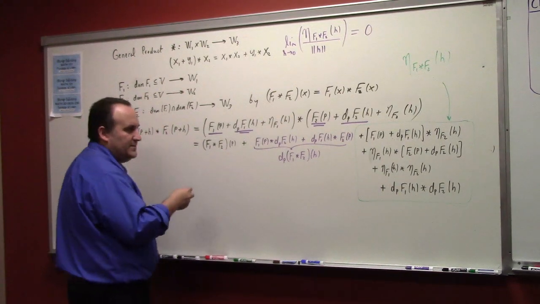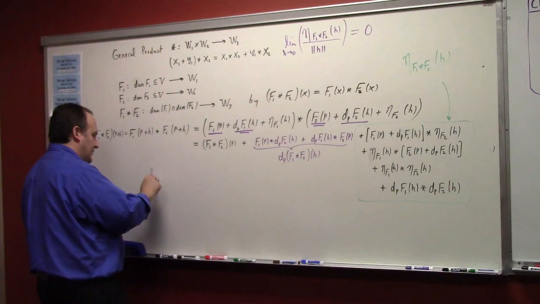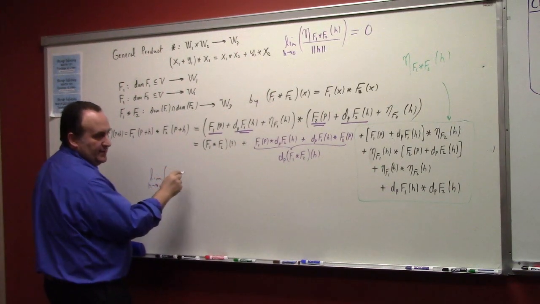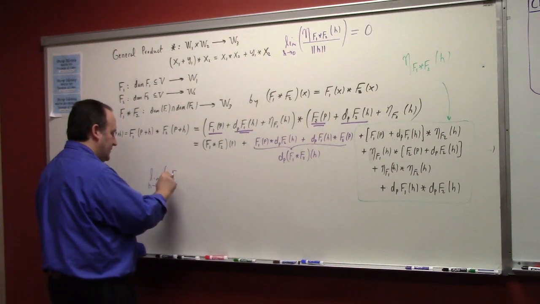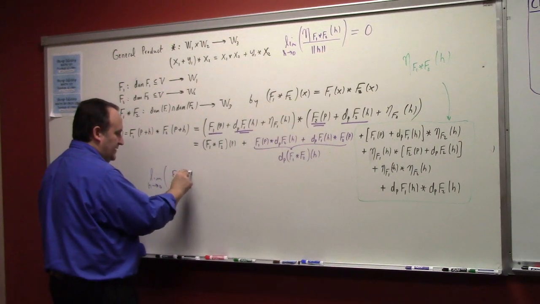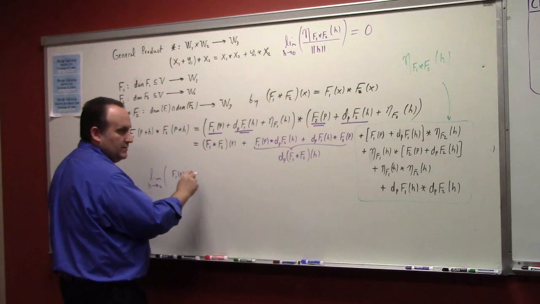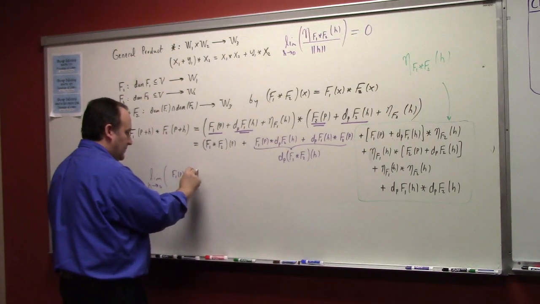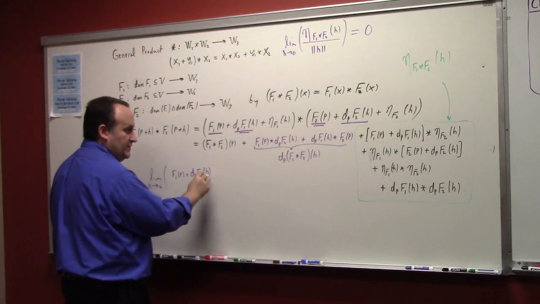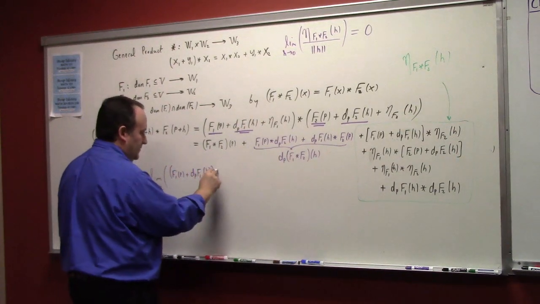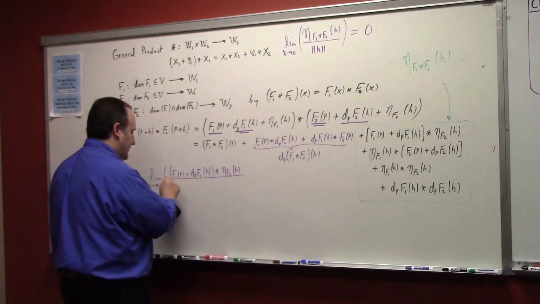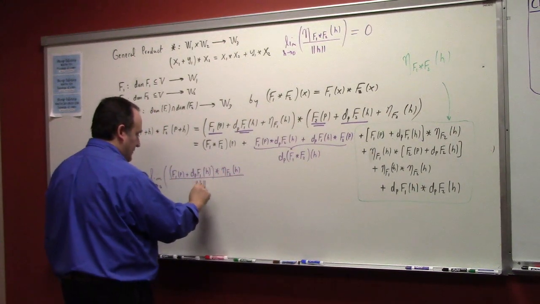Yeah, we should use that now. So the limit as H goes to 0 of F1 of P plus dP F1 of H, that times eta F2 of H, divided by norm of H.